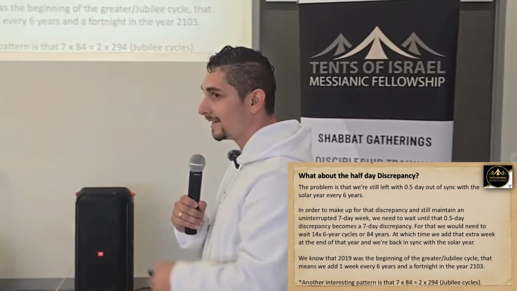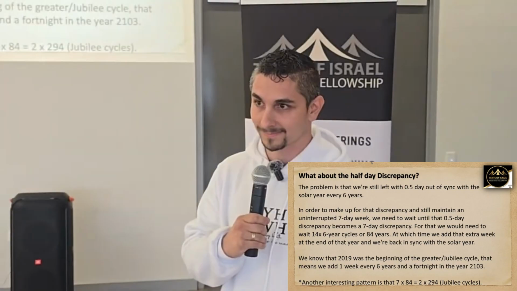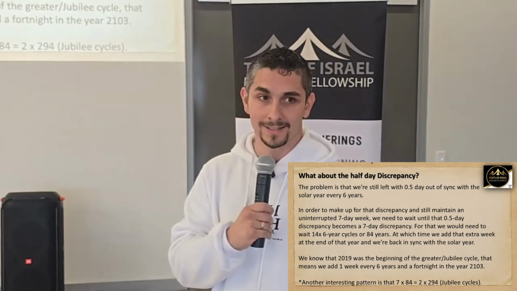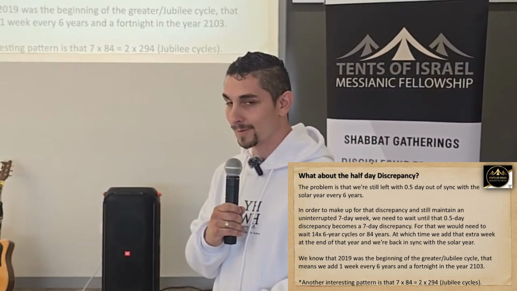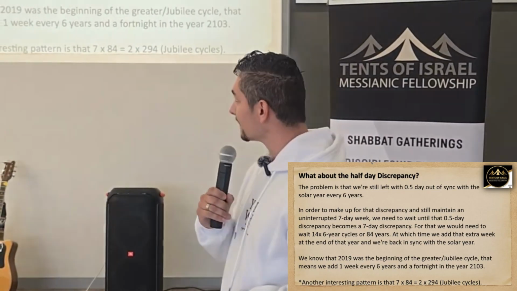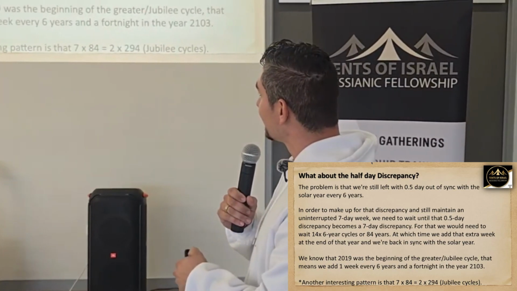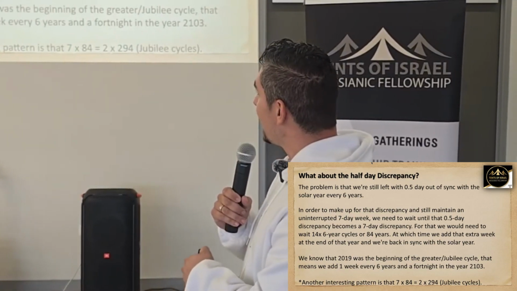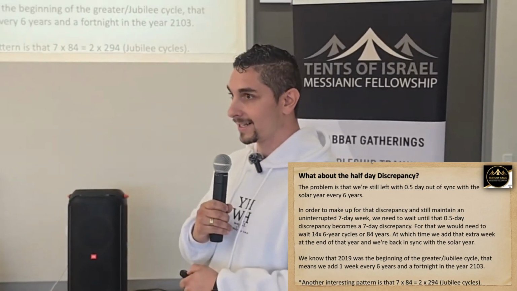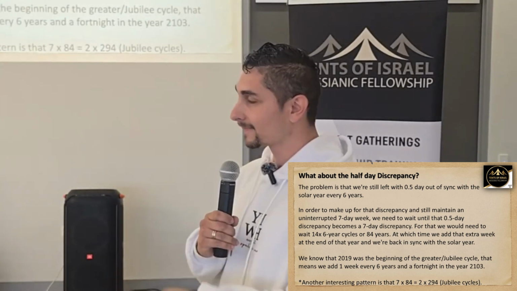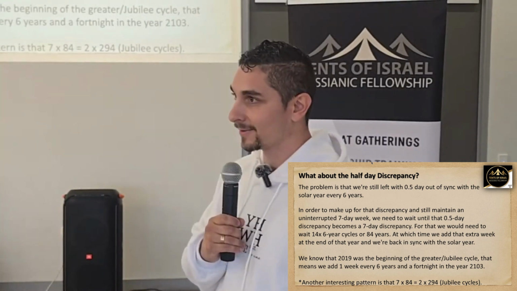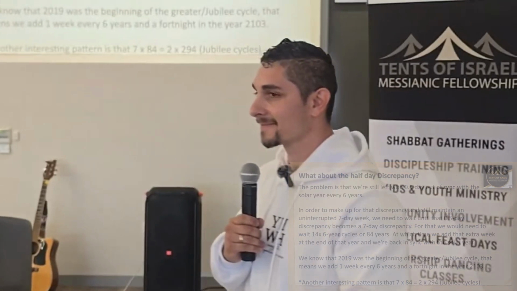That takes 14 6-year cycles, or 84 years. You with me so far? By that stage, we add an extra week, that's 7 days, which is a fortnight for that particular year, and we're back in sync with the solar calendar. All right?